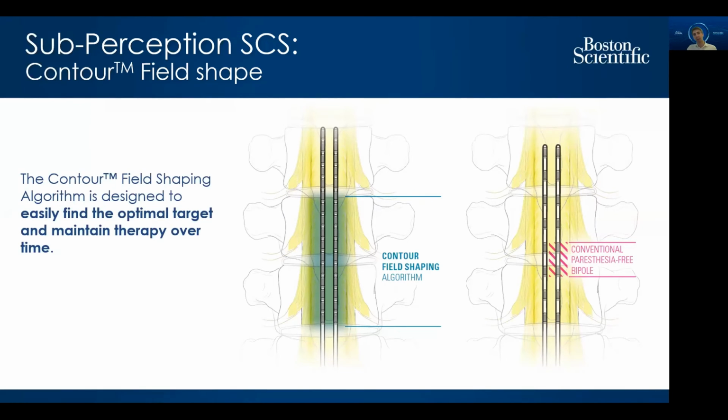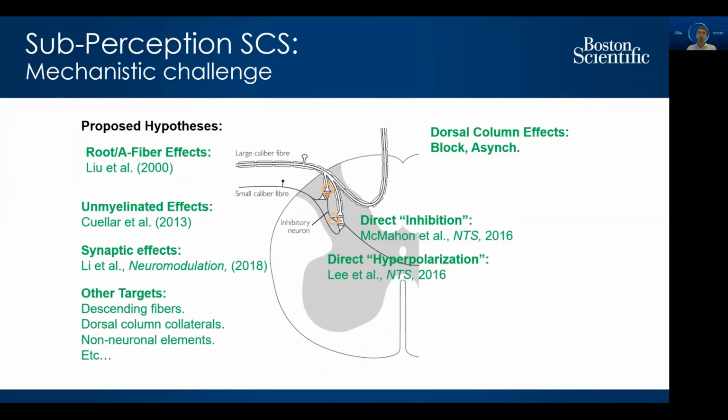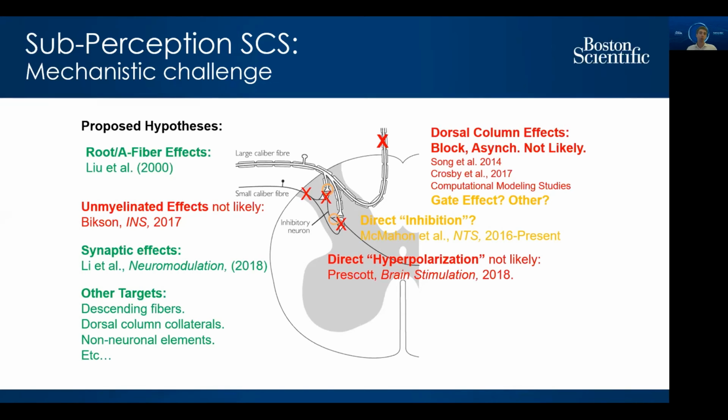Also, a second aspect we took into consideration in the development of Contour is more the mechanistic challenge of sub-perception. So what is basically the neural target for sub-perception? And as you can see on this slide, several mechanisms of action have been proposed over the last 10 years. But hopefully we are also progressively learning as well.